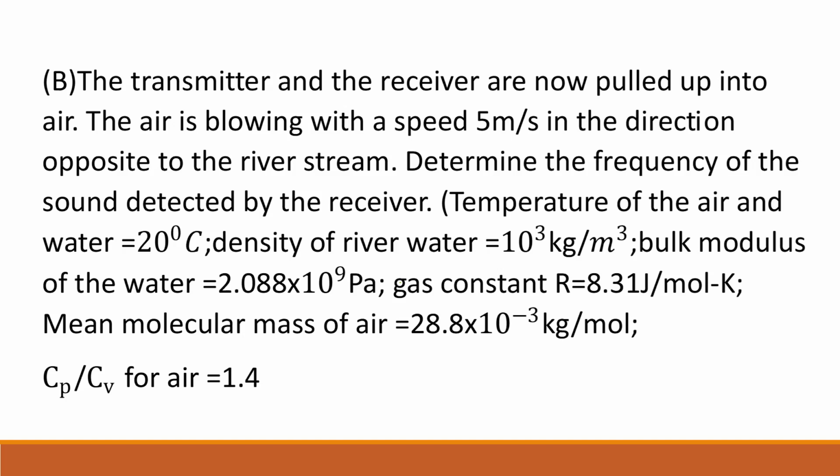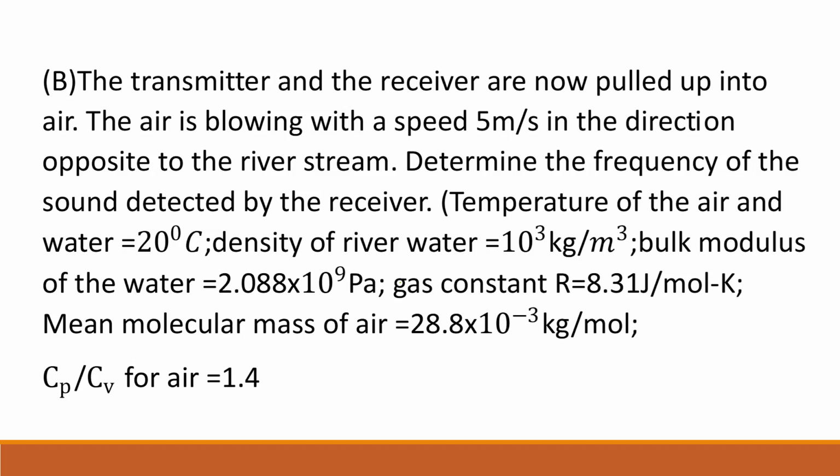Temperature of air 20, density of water given, bulk modulus, gas constant, mean molecular mass of air, and we are given Cp by Cv also, right? So first we have to think like this. What is the purpose of giving bulk modulus and density of water?